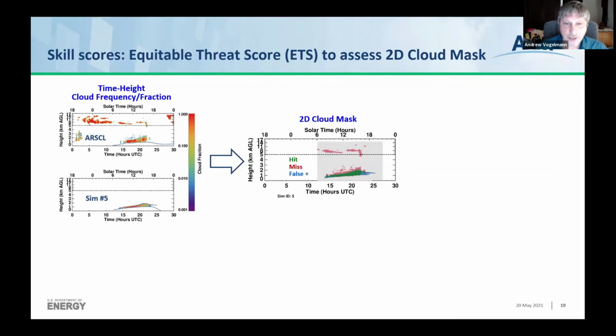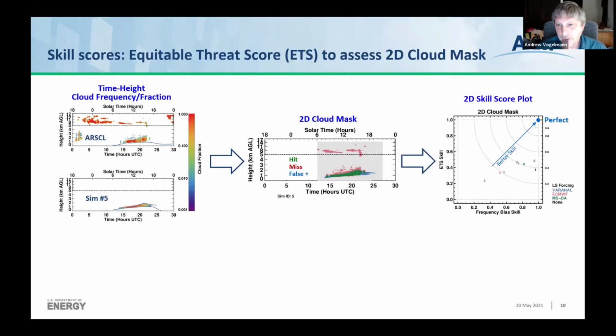And taking all that together, you can then generate an equitable threat score, which is on the y-axis, and plot it versus its frequency bias score. Again, upper right-hand corner is perfect agreement. Generally, you will find that the ETS scores are a little bit lower, but they are faithful to the level of agreement.